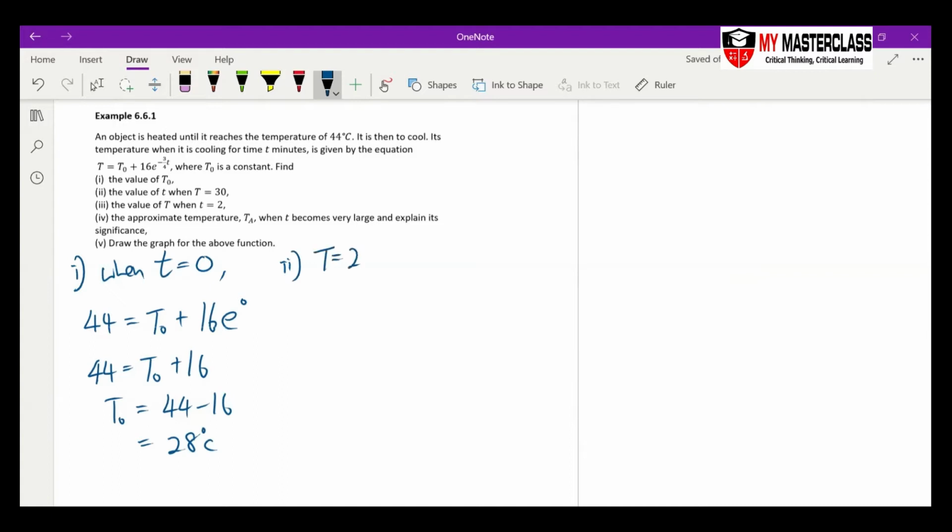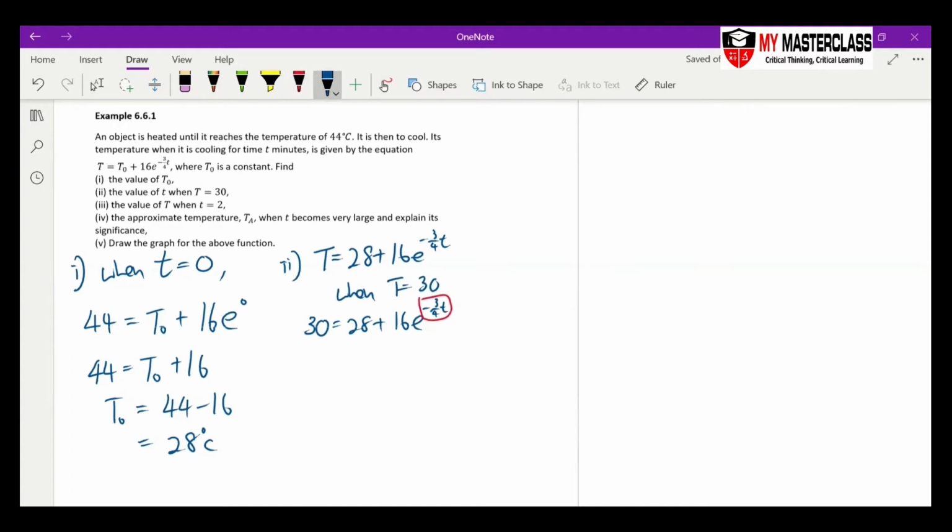So write down your T naught first, e to the power negative 3 over 4 t. When big T is equals to 30, 30 equals to 28 plus 16 e to the power negative 3 over 4 t. This one, be careful. Now you want your t isolated here. Jog your memory a bit.